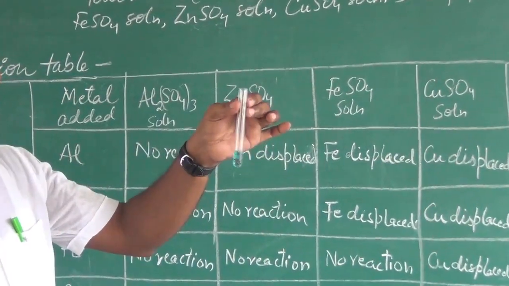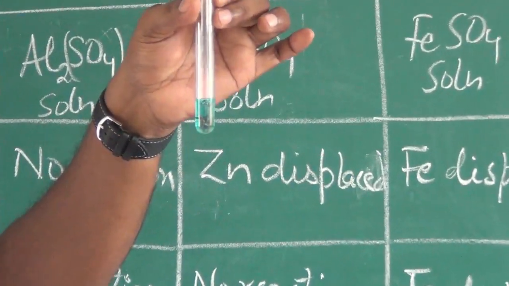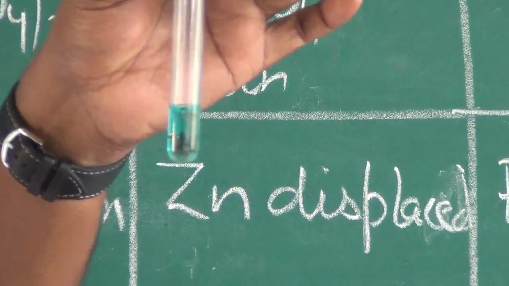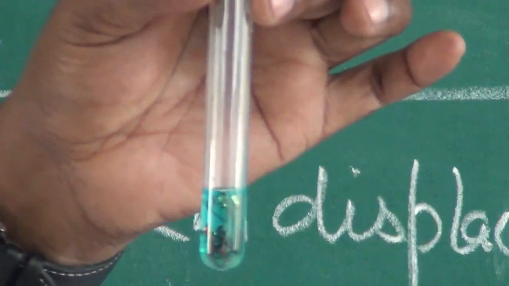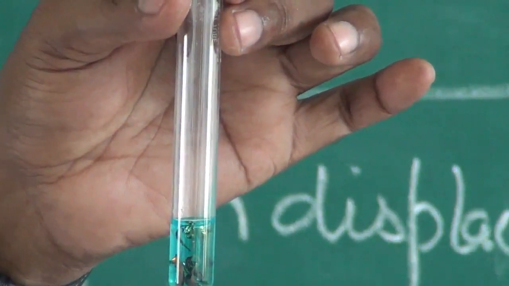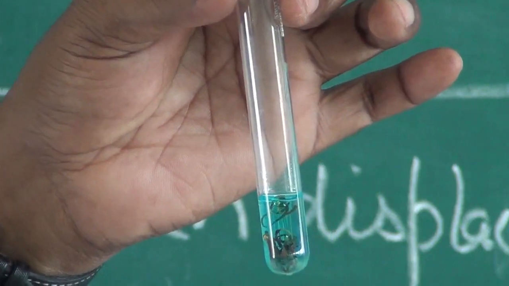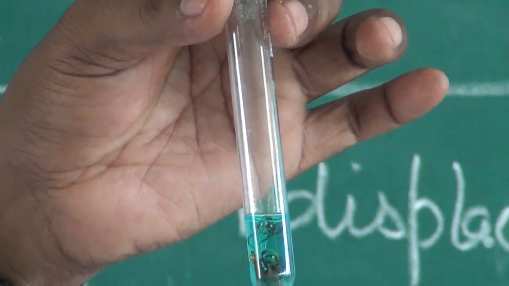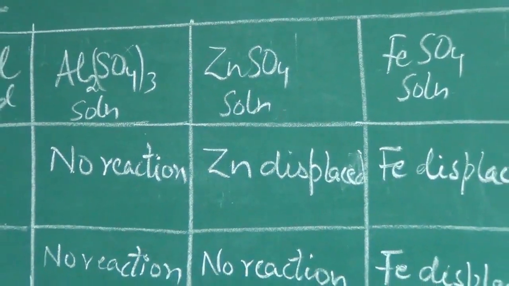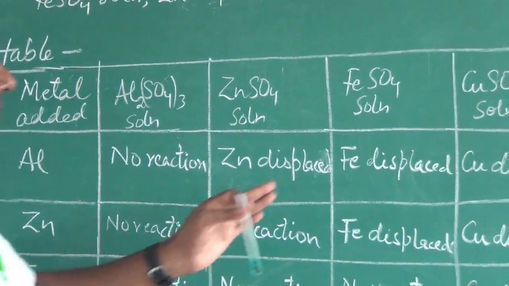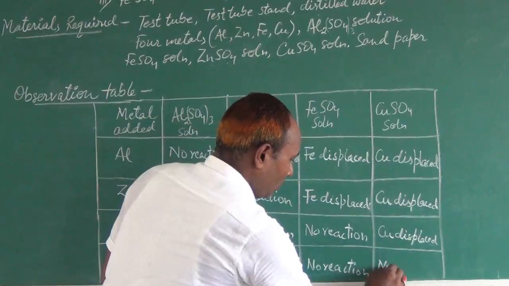The color of copper sulfate is blue. Does the color change? Students, no. No change in color means no reaction takes place between copper metal and copper sulfate solution. So we note this observation in our table: when we add copper metal in copper sulfate solution, no reaction takes place.